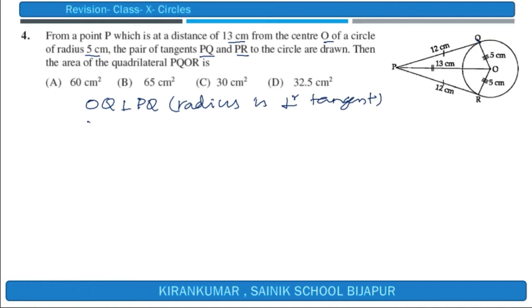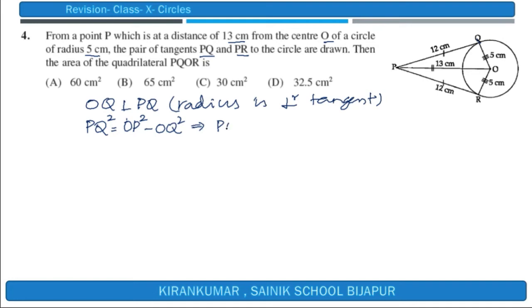The square of PQ will be equal to OP square, which is the hypotenuse square, minus the other side square.